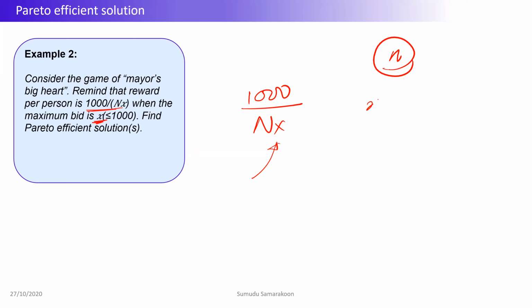Suppose his bid Xn is less than X. In this case, his payoff is 0 because he didn't bid the maximum value. Then what he can do is change his strategy. So he can change this Xn value to X.